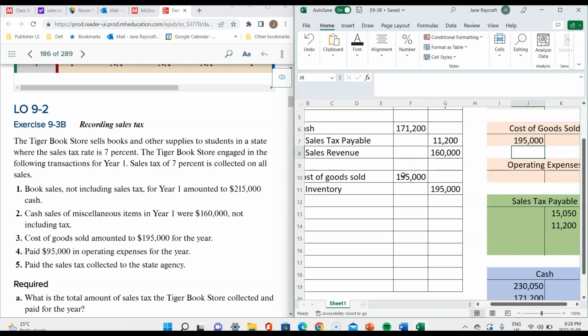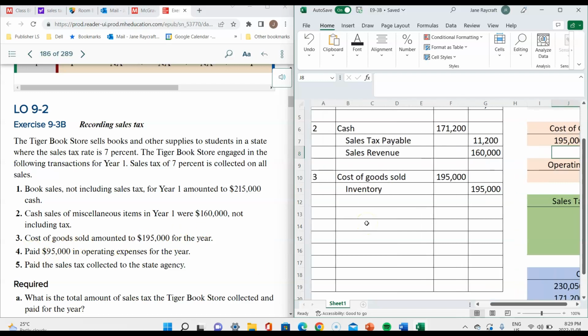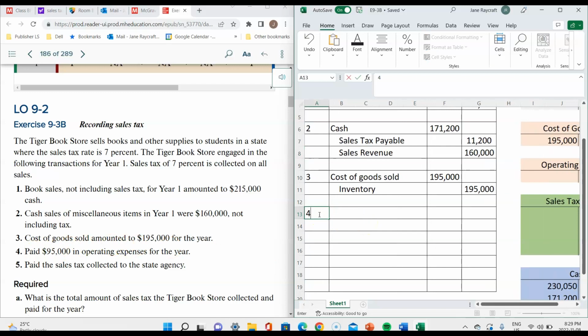$195,000. All right, number four, we're cooking with gas, because we're going to pay $95,000 in operating expenses for the year. Expenses are always debits, so I am going to debit operating expenses for $95,000.